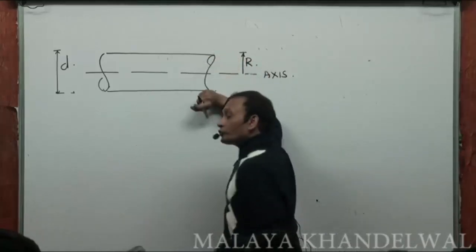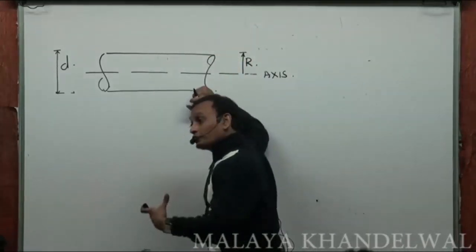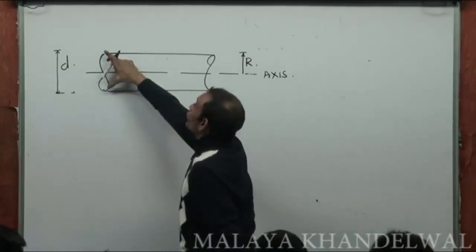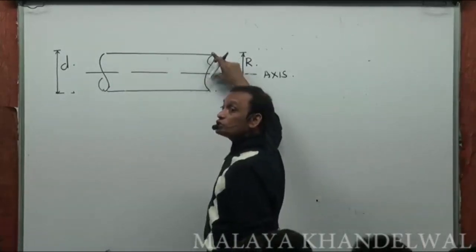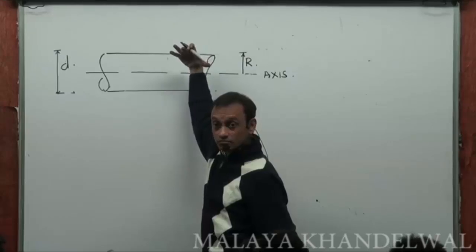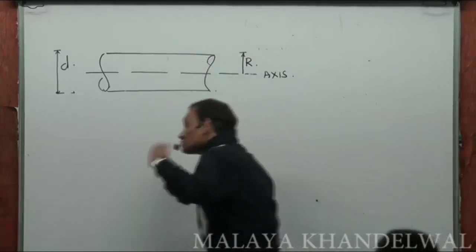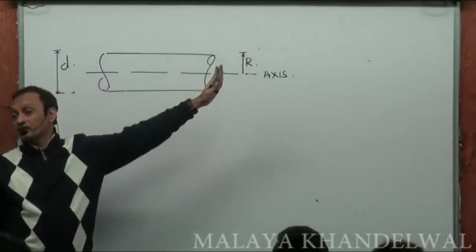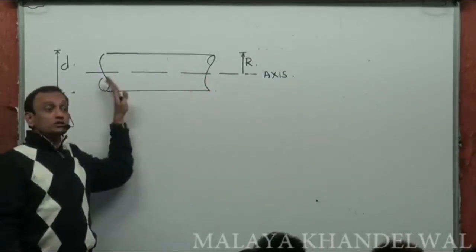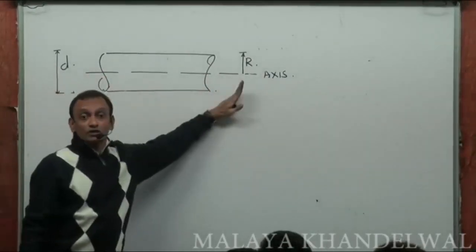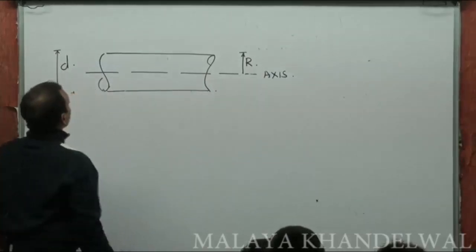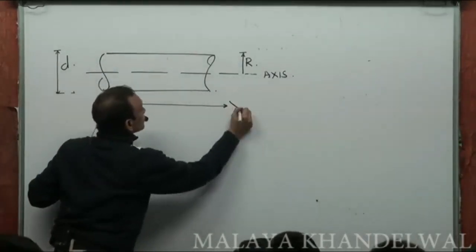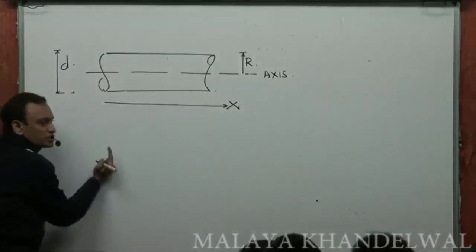Now, if the liquid flowing through this was non-viscous, then neither the velocity across this cross section would change nor the pressure would change. But because of viscosity, the pressure across the cross section does not remain the same. Suppose this was my x direction, then there is a change of pressure in the x direction.